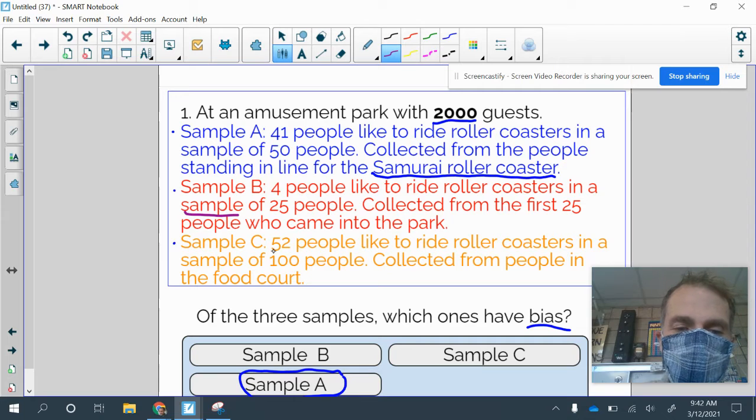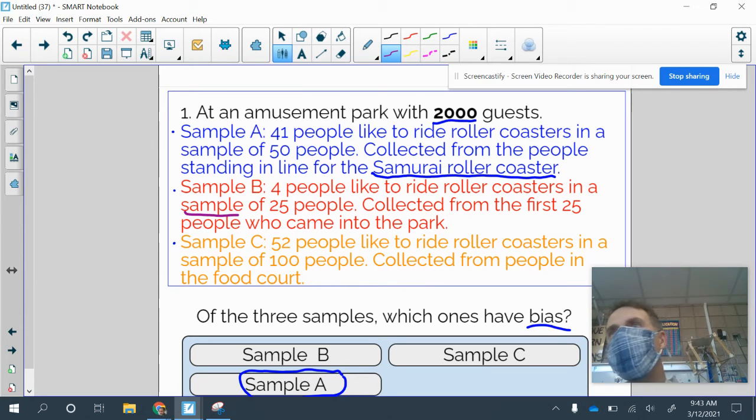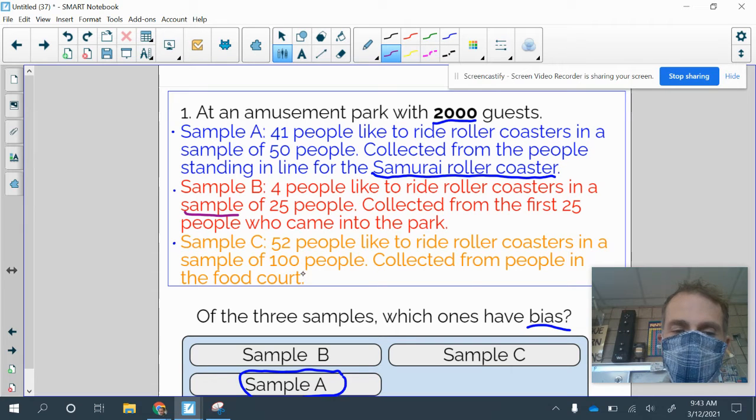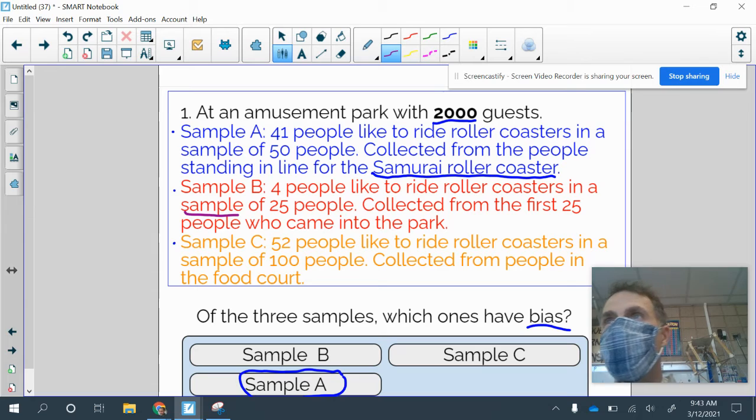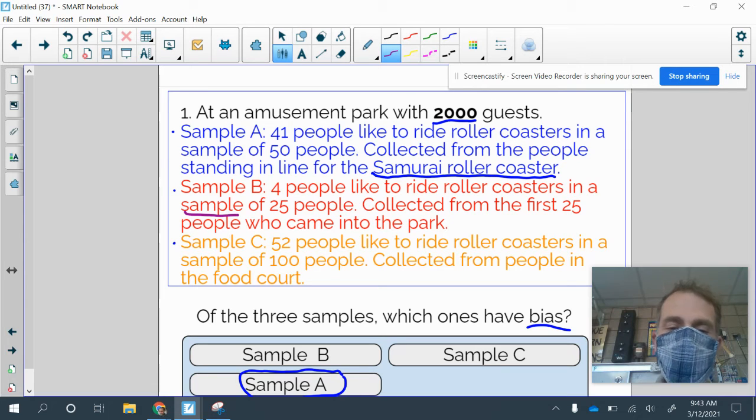Sample C, 52 people like to ride roller coasters in a sample of 100 people. This was collected from people in the food court. So again, it was convenient for them to just survey the people in the food court. A convenient sample has a little bias. The best type of sample is a completely random sample, and none of these were random.